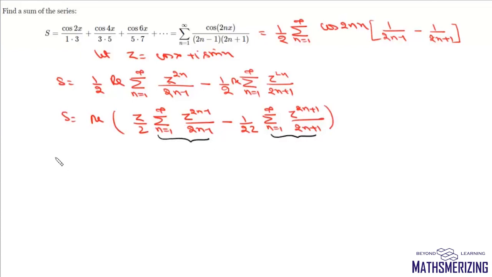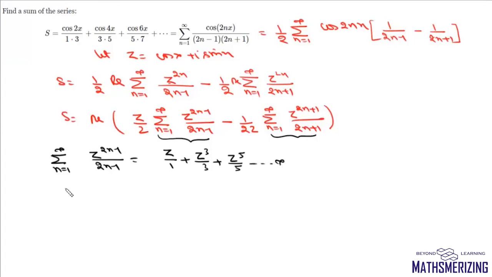Now if we look at this first summation, which is summation n varies from 1 to infinity z to the power 2n minus 1 upon 2n minus 1, we know that this is z upon 1 plus z cube upon 3 plus z to the power 5 upon 5.